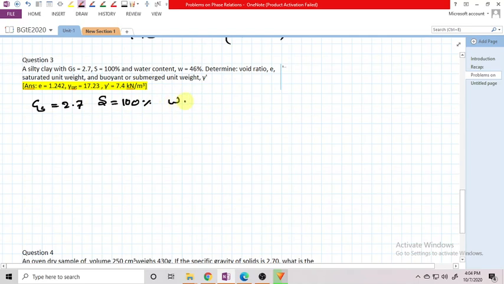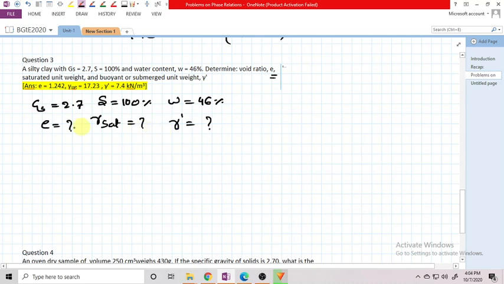Water content 46%. Determine e. They are asking for e, the saturated unit weight gamma sat, and the buoyant or submerged unit weight, both the same, gamma dash.